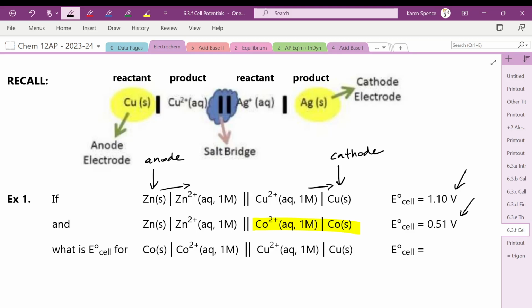You don't look at your chart to do this one. You can do it just from here. Because I might give you something that's not on your chart, like X, Y, and Z. Yeah? Yeah. Absolutely. I would love that. That'd be great.